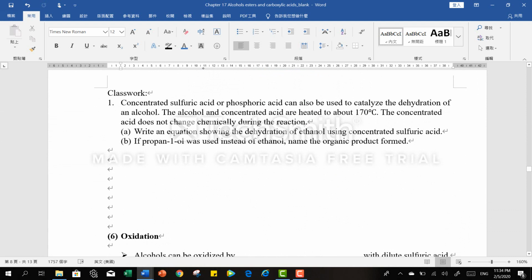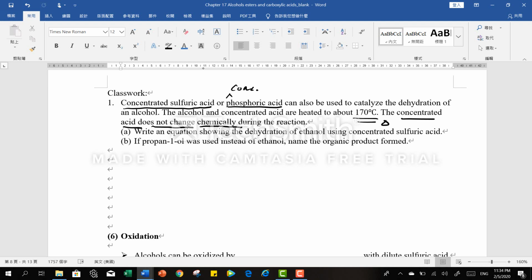Okay, 2 minutes passed. Concentrated sulfuric acid and phosphoric acid can also be used to catalyze the dehydration of alcohol. Okay, so you can remember this now, right? This one is also concentrated, remember. The alcohol and concentrated acid are heated at about this temperature. In the exam, you just write triangle, it's okay. It does not change chemically, so that's why it's a dehydrating agent, and it's also a catalyst because it doesn't change chemically during the reaction.